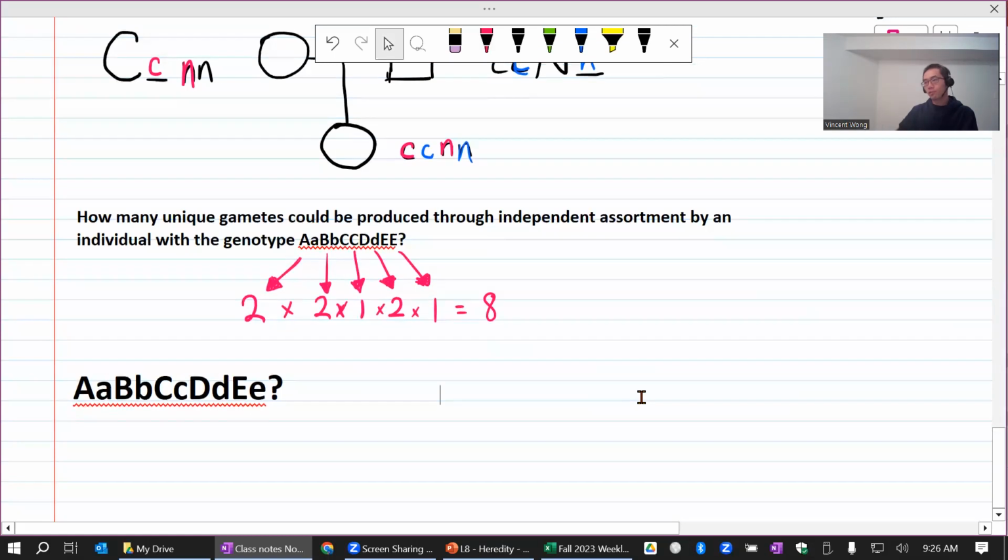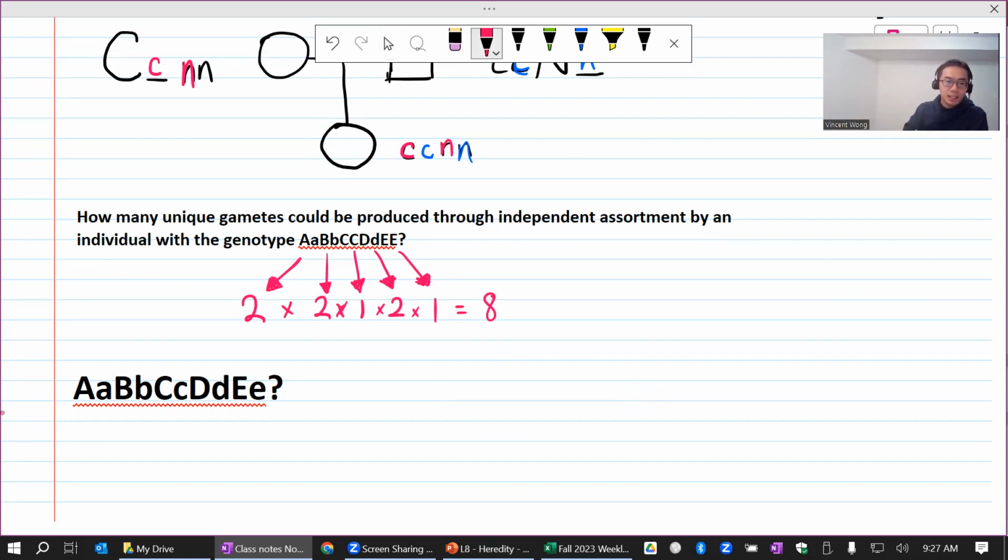To find the total number of combinations, I have to multiply the choices. Remember when we did the codon, it was like 4 times 4 times 4 times 4? It's always multiplication. So two choices, as long as they're heterozygous, is 2 choices. And we multiply all of them together. 2, 2, 2, 2, 2. That's 32. Okay? That's it.